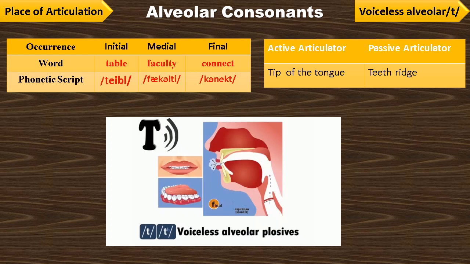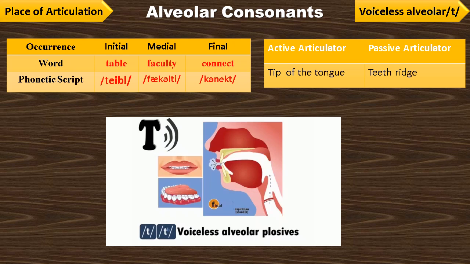Let us see the first sound t. The sound t is articulated as in the word stand. The soft palate is raised and so the nasal passage of air is blocked completely.